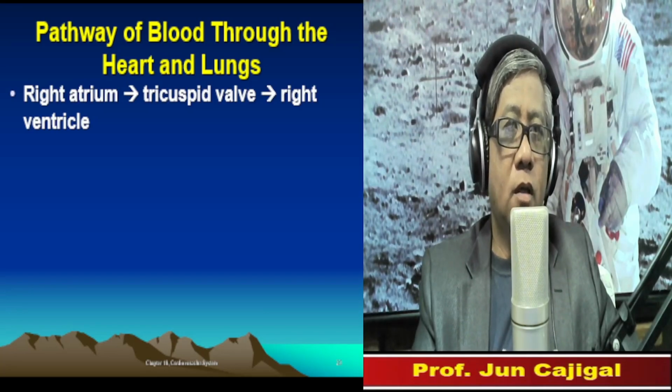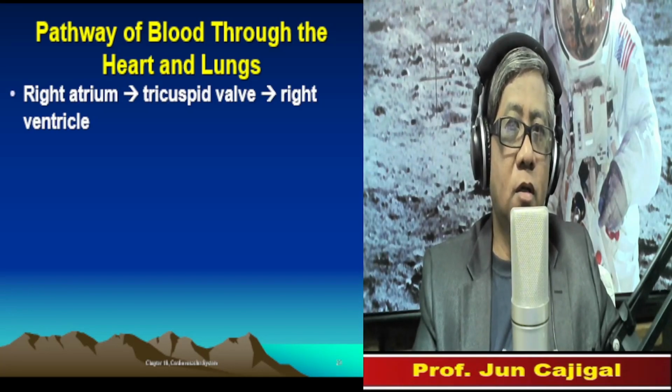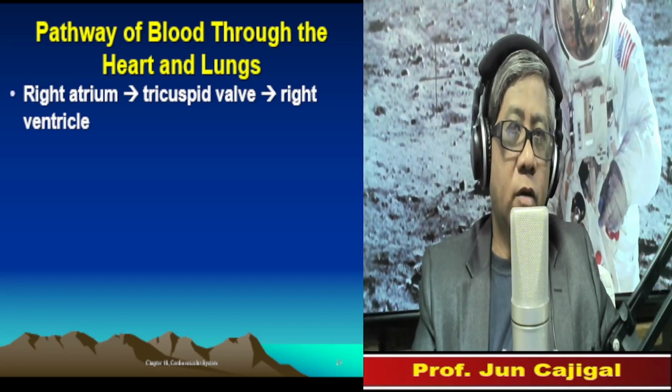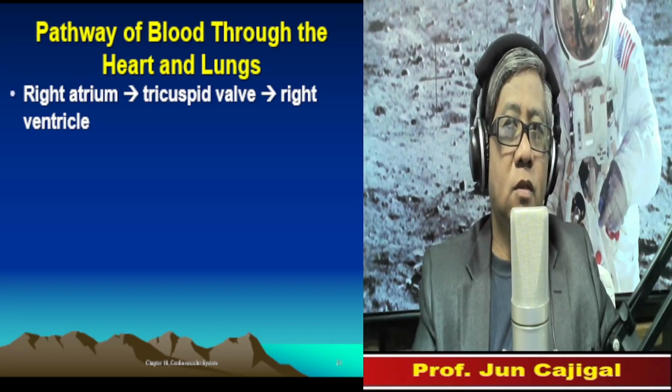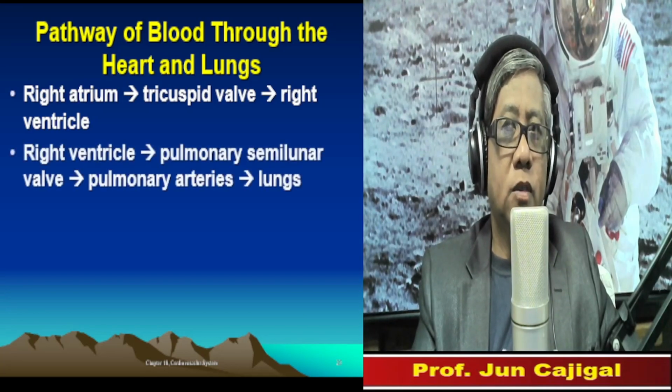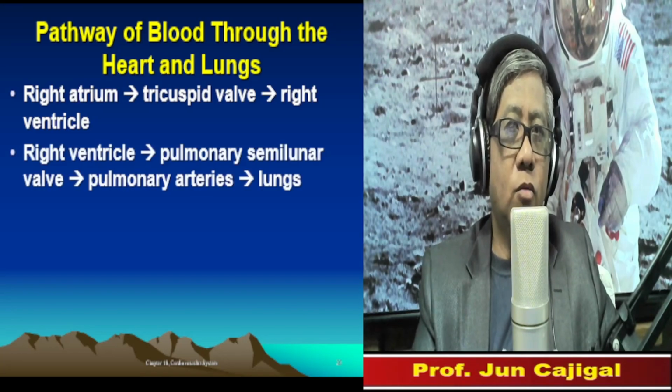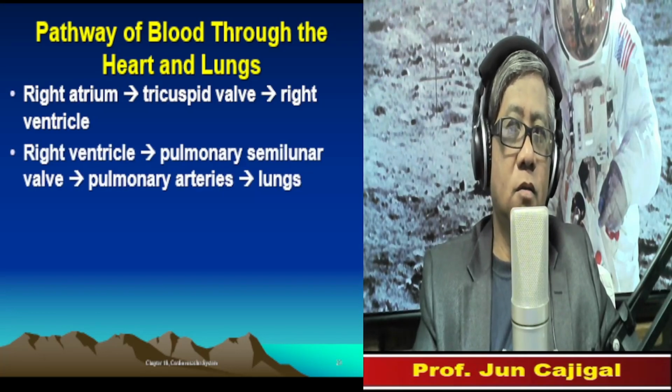Then from the right atrium, the deoxygenated blood passes through the tricuspid valve. The tricuspid valve opens, and the blood then enters the right ventricle. The right ventricle contracts, forcing the blood through the pulmonary semilunar valves. Then from there, the blood enters the pulmonary arteries leading to the lungs.